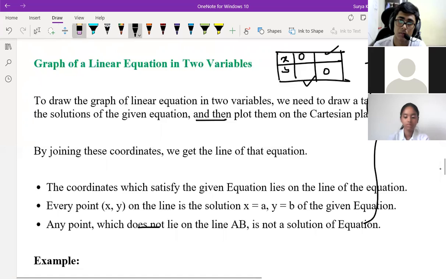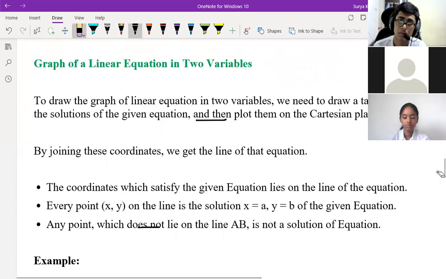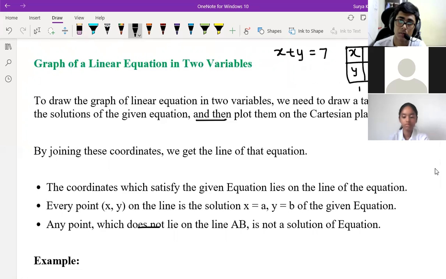If we are keeping x is equal to 0, sir, like x plus y is equal to 7, sir. One minute. x plus y is equal to 7. Yes, sir. Here we are keeping x is equal to 0, then y is equal to 7, sir. So then is it a point or a line, sir? This is a coordinate, no. (0, 7) is a point.